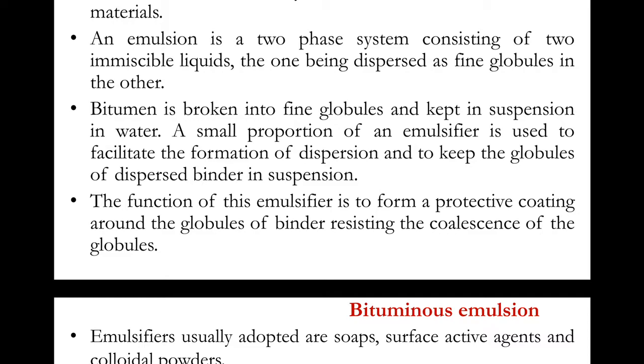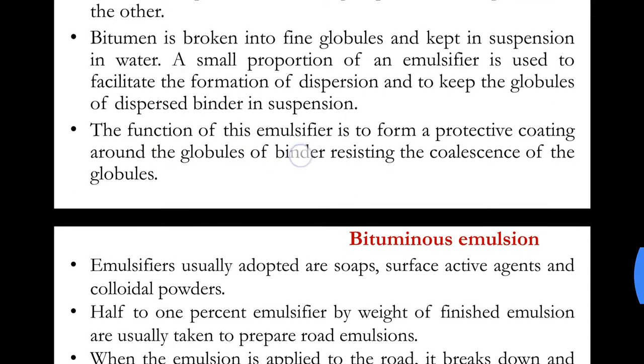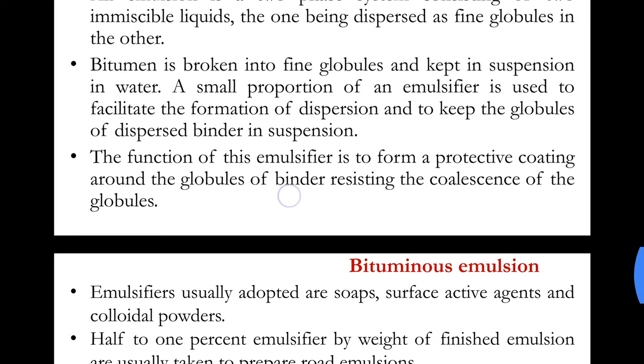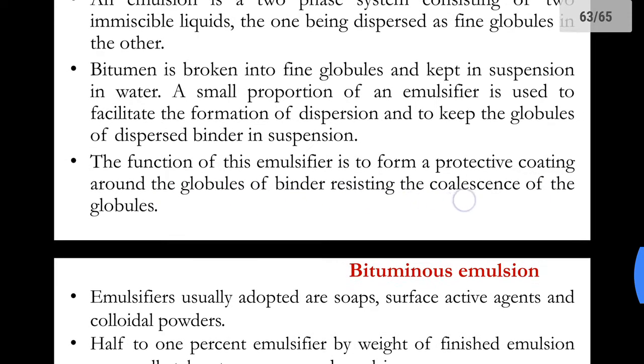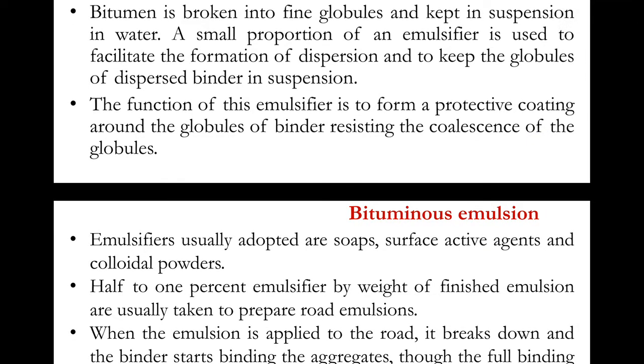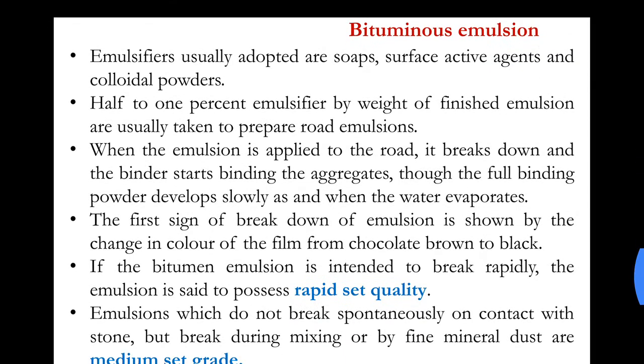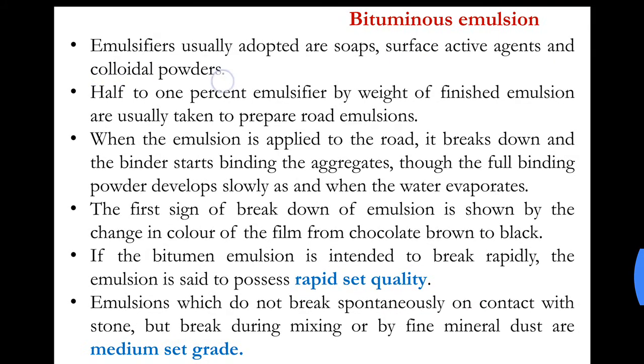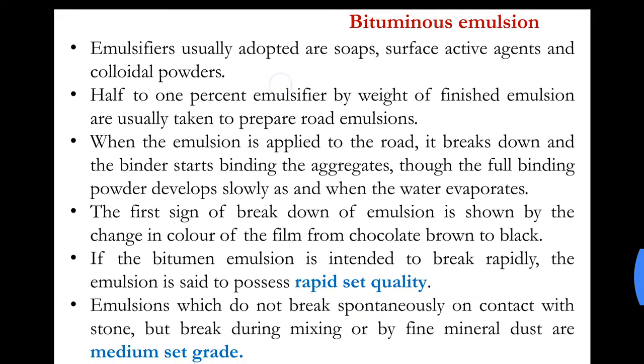The function of this emulsifier is to form a protective coating around the globules of binder, resisting the coalescence of the globules. So using this emulsifier, we are just trying to mix the water and the bitumen. Emulsifiers usually adopted are either soaps, surface active agents, and colloidal powders. So the general emulsifiers used are these.